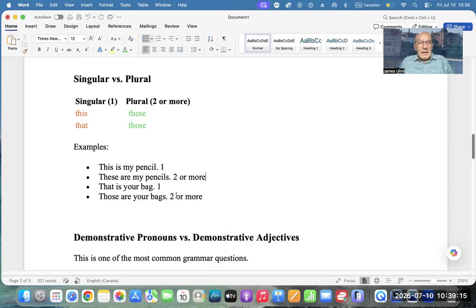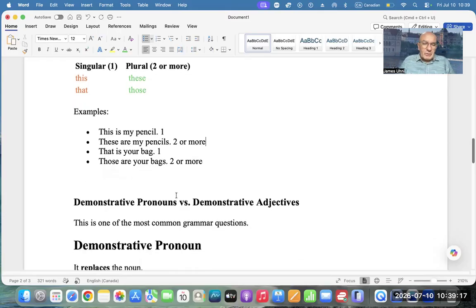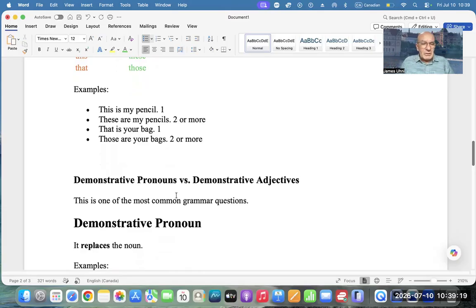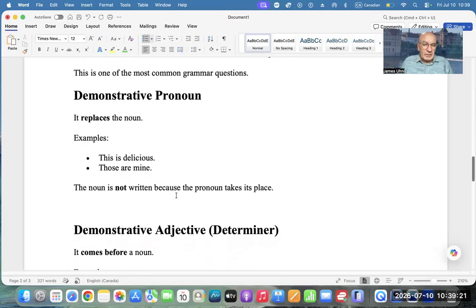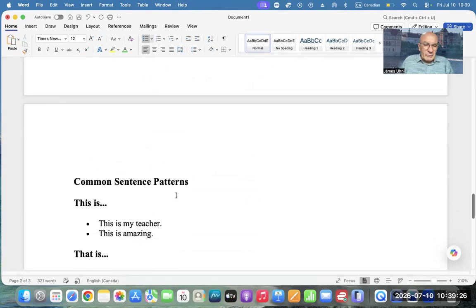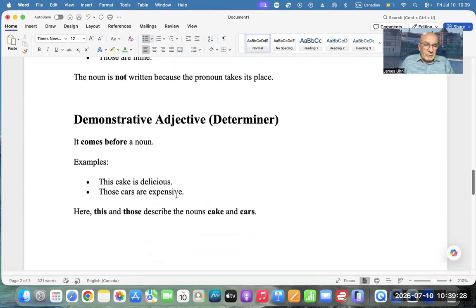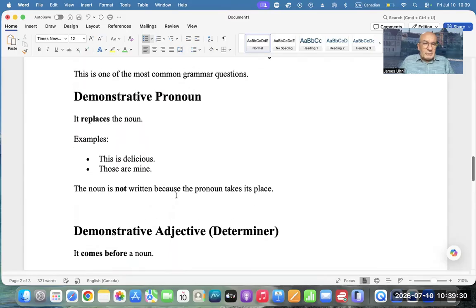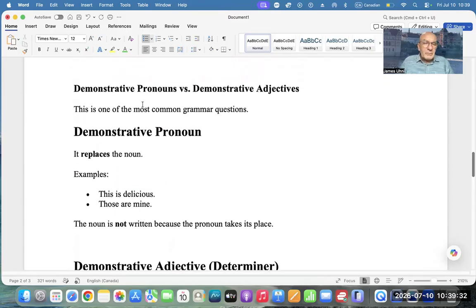All right. Now I'm getting to something more complicated, but it's very easy to explain and very easy to recognize. So, demonstrative pronouns versus demonstrative adjectives.